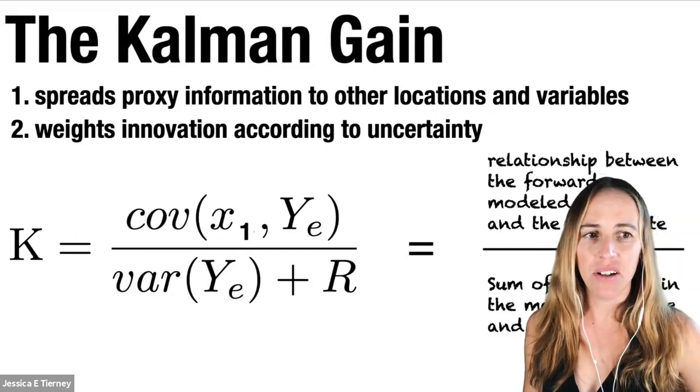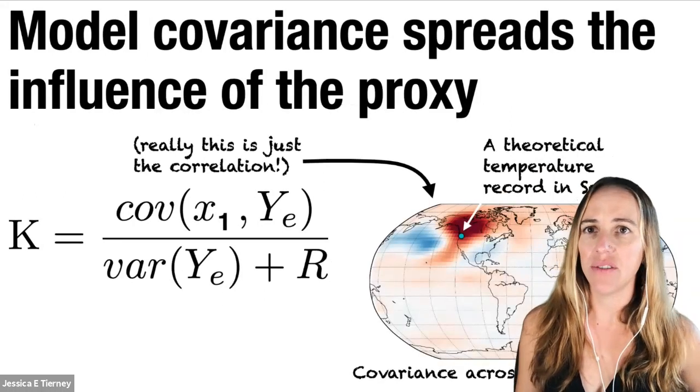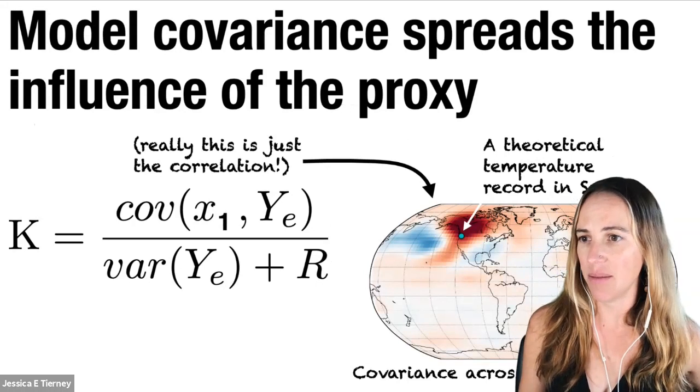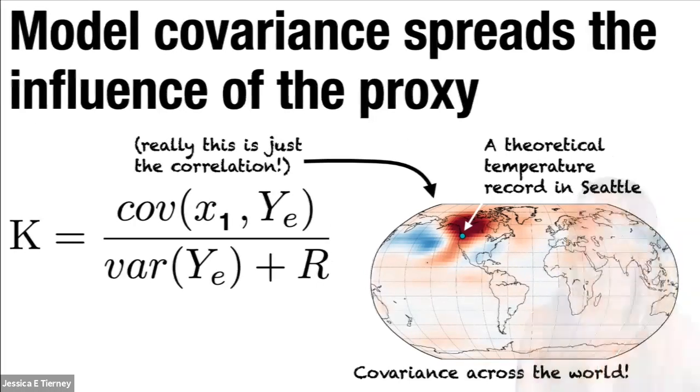Now, for that numerator, here's just a graphic of what it's doing. If we have, for example, a theoretical temperature proxy in Seattle, the covariance is just the correlation squared. So it's how much that particular record informs upon the temperature field.